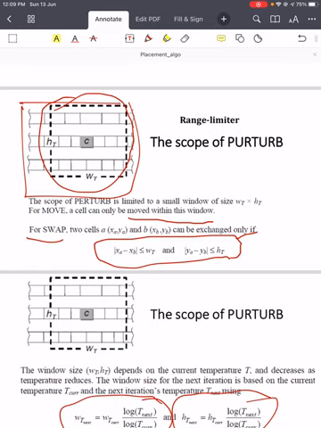But when the temperature is decreasing, by changing the size of the window, we are imposing a limitation on the solution variation. So basically we are modulating the scope of the perturbation function, which is a kind of range limiter, limiting its variability.